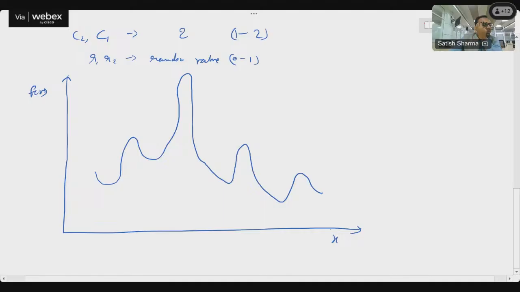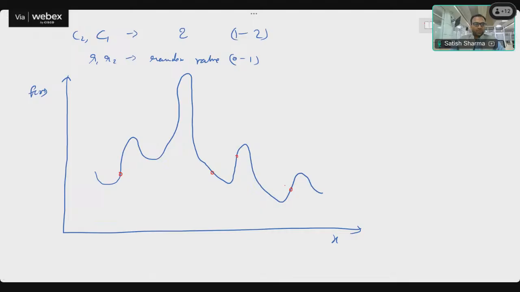So let's say this is a weird function. Now the particles which I have created initially, let's assume those particles are here, here, and here. Okay, let's say these are the 4 particles which we have created.